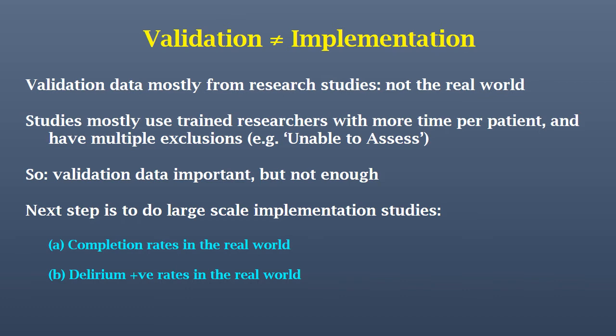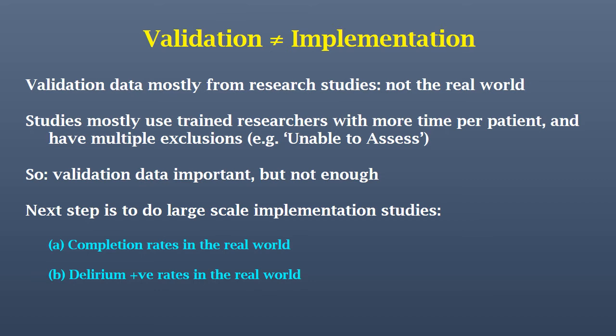This is because validation studies have usually used trained researchers who, as part of the very nature of doing research, have more time to do the tool with each patient. And also, many of the studies have exclusions, such as excluding people who can't speak and so on. So it doesn't really reflect the real-world situation where you have to assess every patient, including the ones who are perhaps unable to speak. And also, often, such tools are done under extreme time pressure.